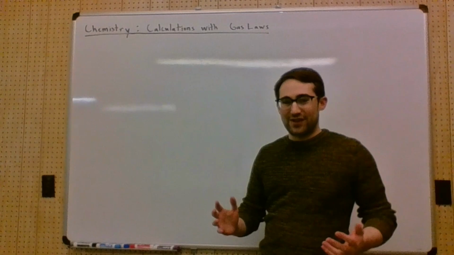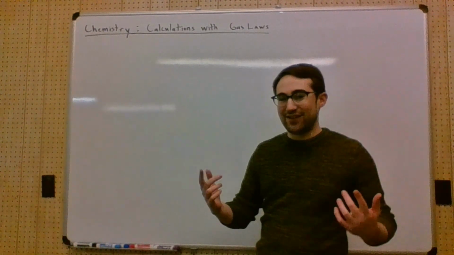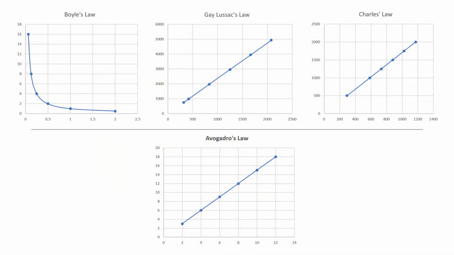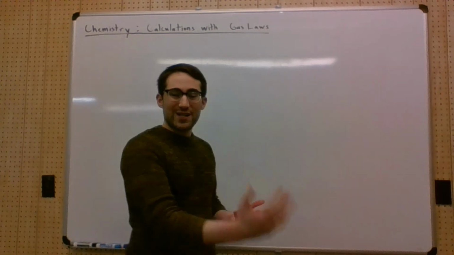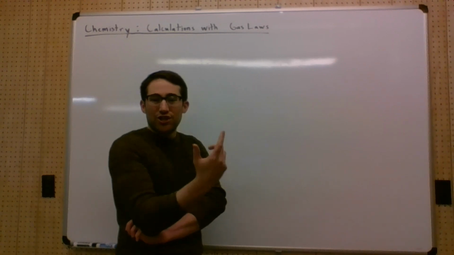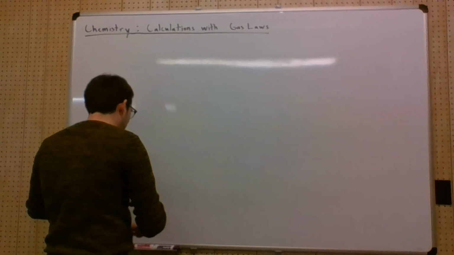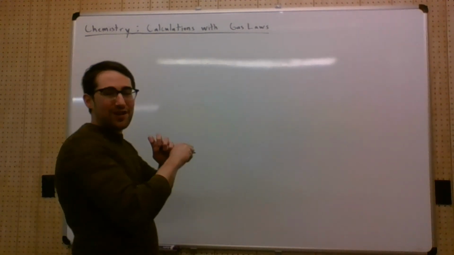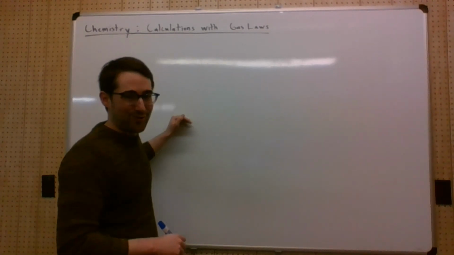So, Avogadro's law, right, works kind of like Charles' law and Gay-Lussac's law, where we have the variables following each other, okay? The amount is directly related to the volume of the gas. If I have more gas particles, they should take up more space if that container is flexible, okay? So my gas law should look really similar to those two other gas laws. Charles' law and Gay-Lussac's law both had something over temperature, right? Volume over temperature or pressure over temperature.